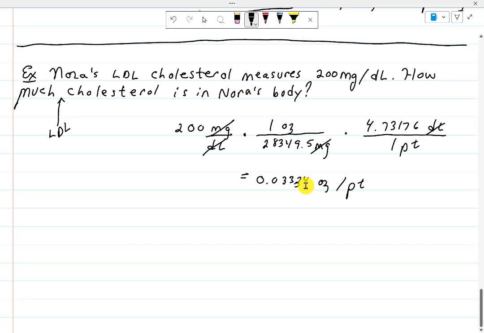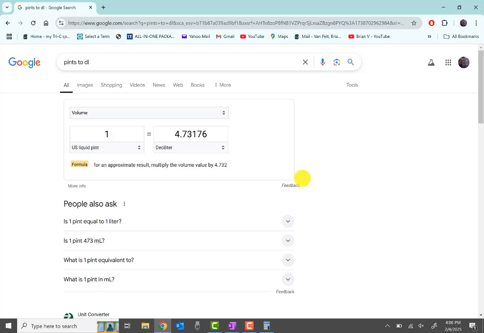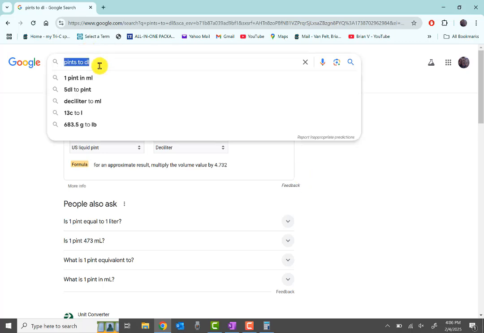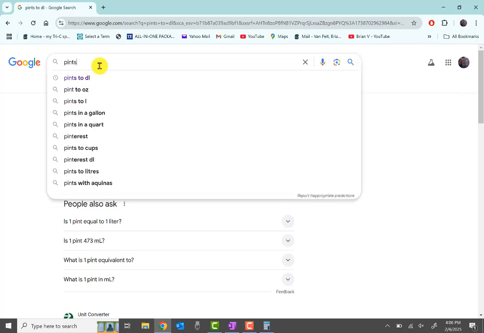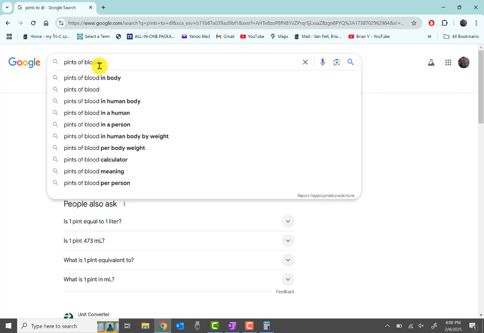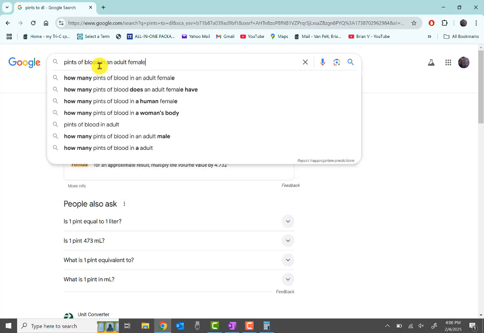Now, I'm told how many pints are in an average female. Let's take a look here. Let's see, pints of blood in an adult female body.